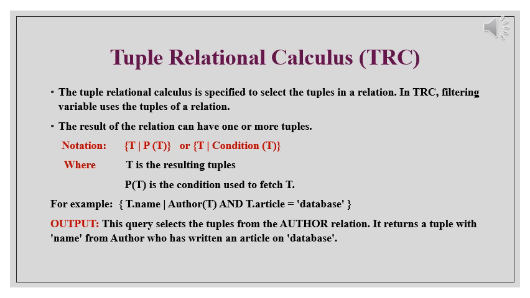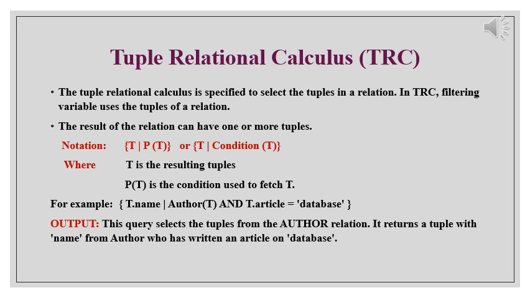The notation for the tuple relational calculus is shown here in red letters. T denotes the resulting tuple, where P(T) denotes the condition.